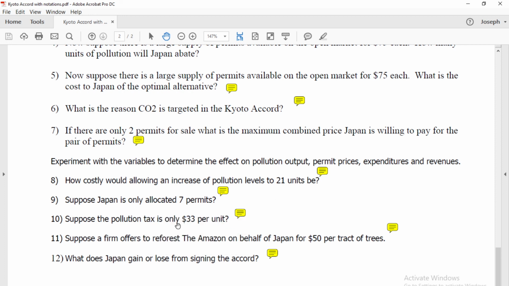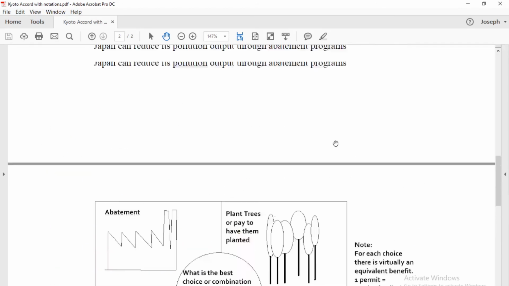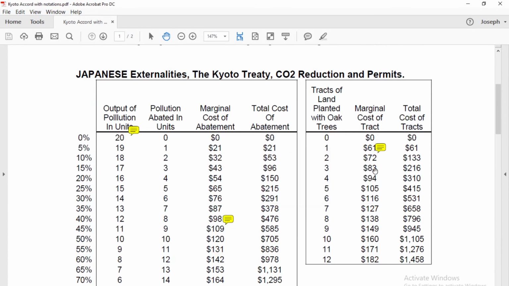Suppose a firm offers to reforest the Amazon on behalf of Japan for $50 per tract of trees. In other words, if you as a reforestation or environmental activist bought into this idea of the Kyoto Accord, you realize that Japan is facing extremely high costs of planting trees, but you have the ability to plant trees on their behalf for a much lower price than they have.